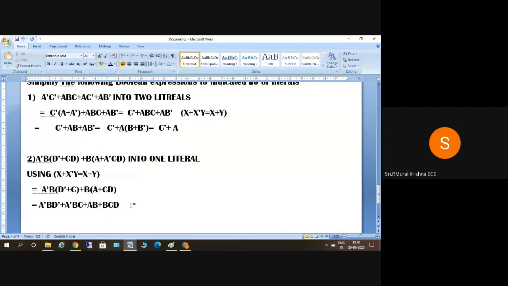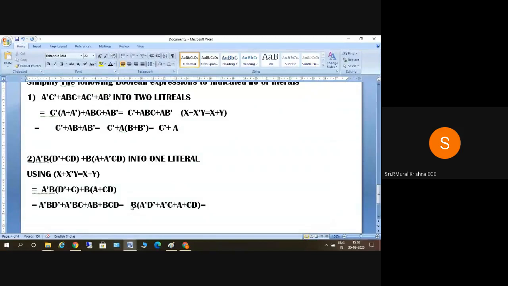Which is common in all these terms? B is common, you can check. So you get B times A bar B bar plus A bar C plus A plus CD.